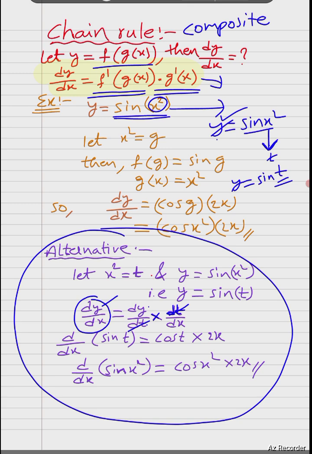First we have to rearrange this dy by dx as dy by dt into dt by dx. Now what is d by dx of sin t? I will do it here again so you will understand.